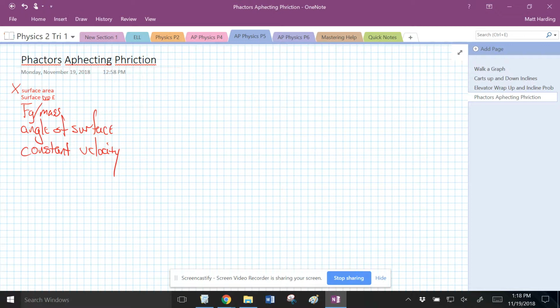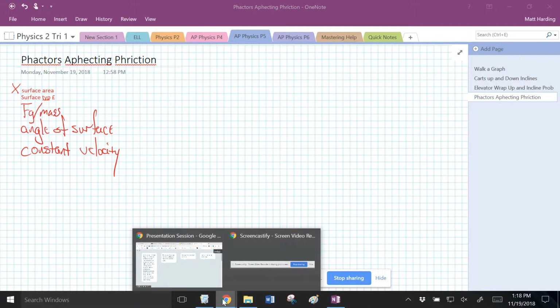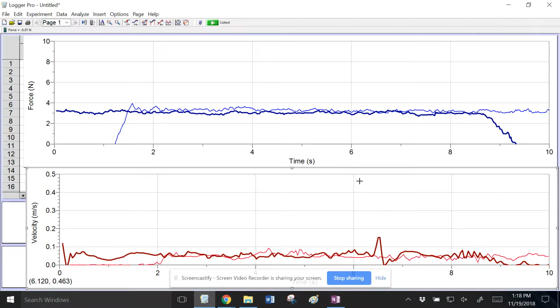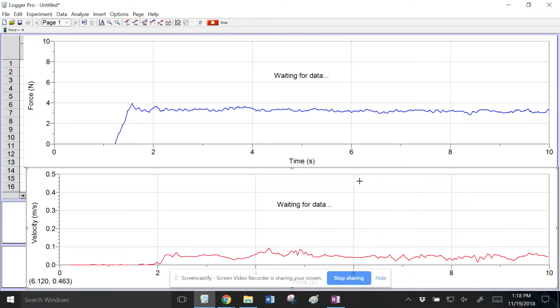So if I lay this smooth cloth on the table, what do you think that's going to do to the amount of friction you see? All right, I'm going over here and check it out.